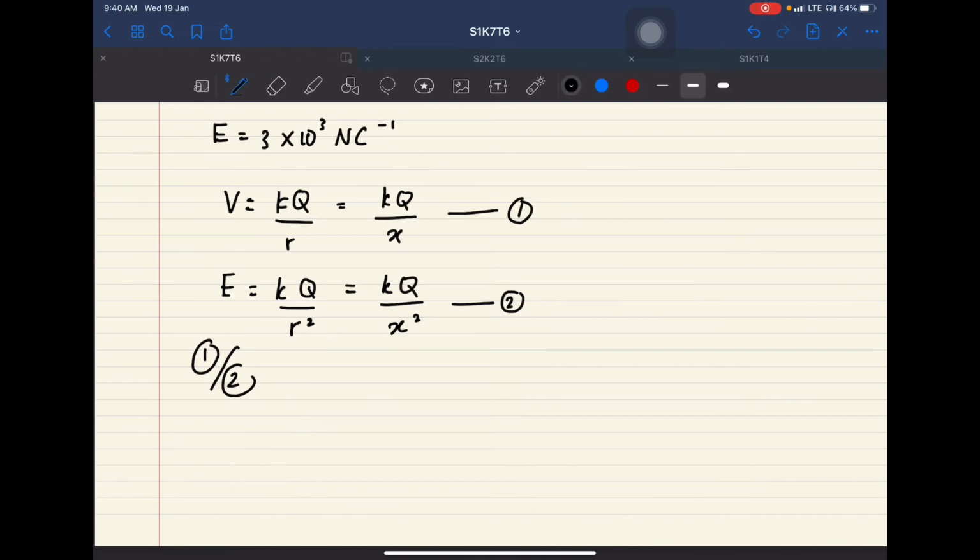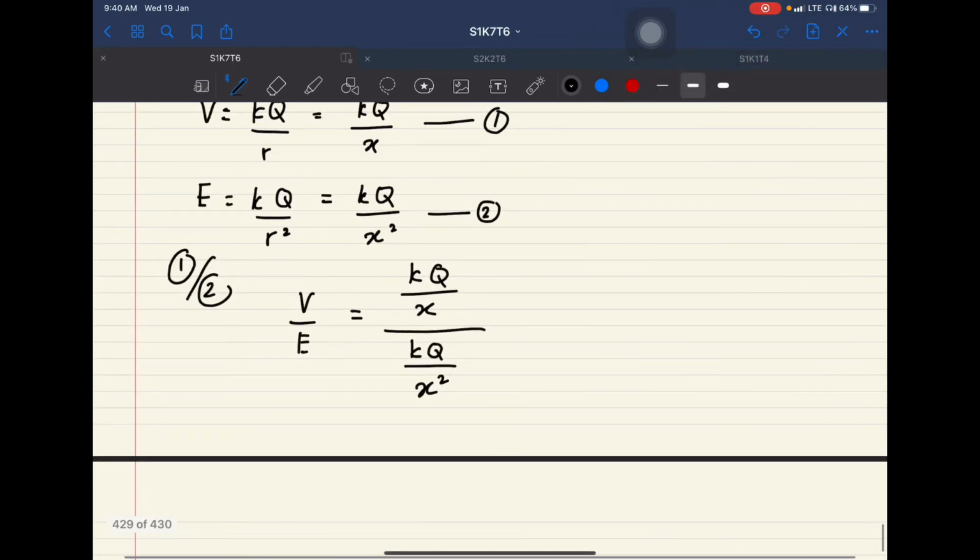If you do it the other way around, you get 1 over X, and then you just have to invert it. Doesn't really matter. So V over E equals KQ over X divided by KQ over X squared.